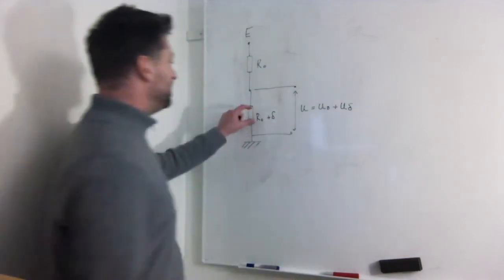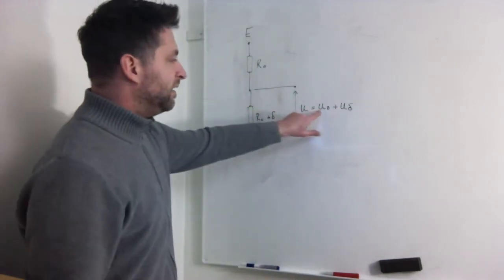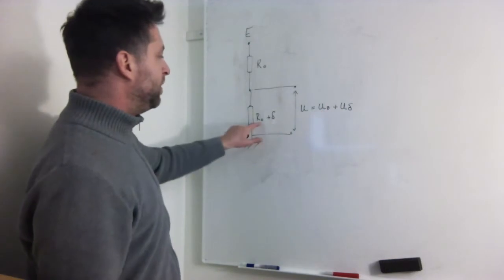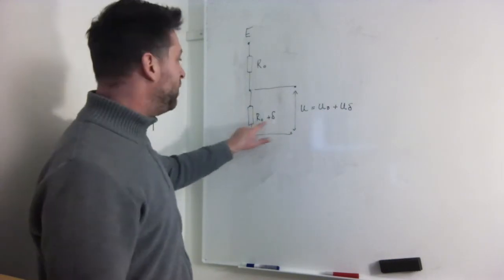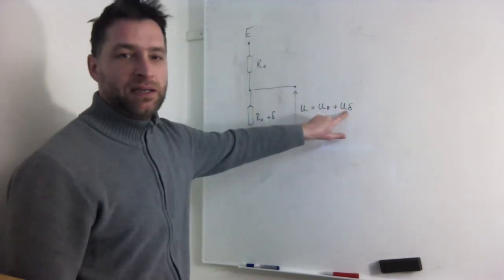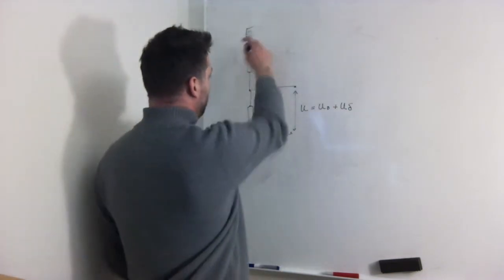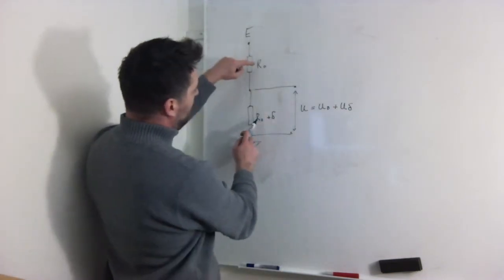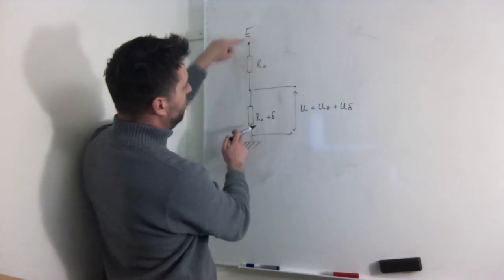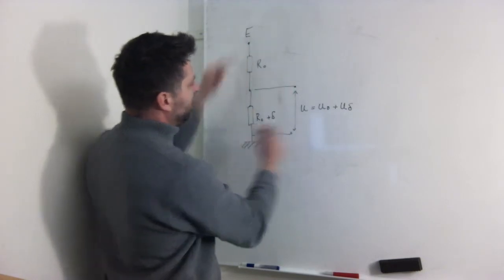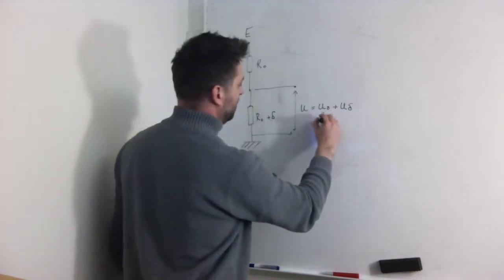And U0 is the voltage determined by the fixed value R0, and U delta will be the varying part dependent on my physical property that I'm trying to measure. And because I have two equal resistances R0 here, I know that U0 will be equal to E over 2.